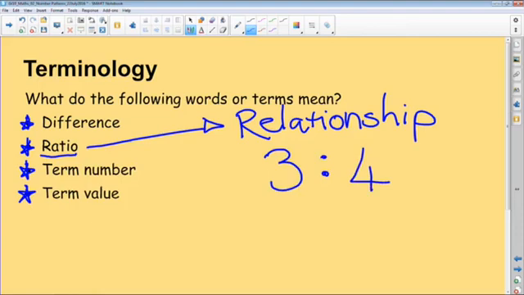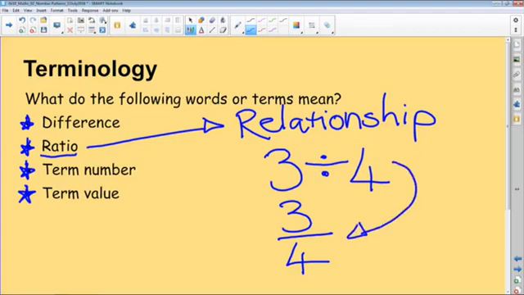Now, this can also be written as a fraction. 3 divided by 4. So ratios can be written as fractions and ratios. And if you look very carefully, you might see the divide sign over there, which changes it into the fraction.